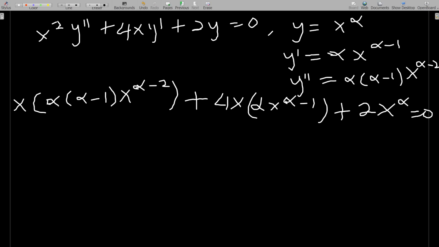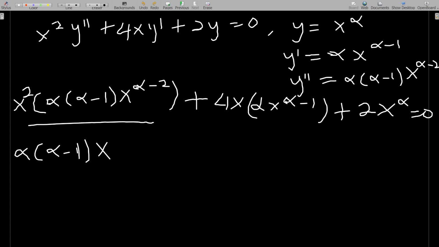Now I multiply x throughout. This is x squared, x squared through this. Okay, and I have alpha into alpha minus 1, then x squared times x to the power alpha minus 2 will give me x to the power alpha. My pen is not helping, but let's continue.